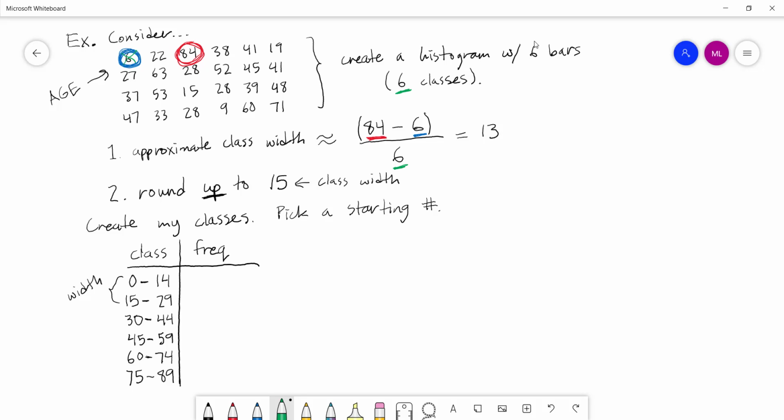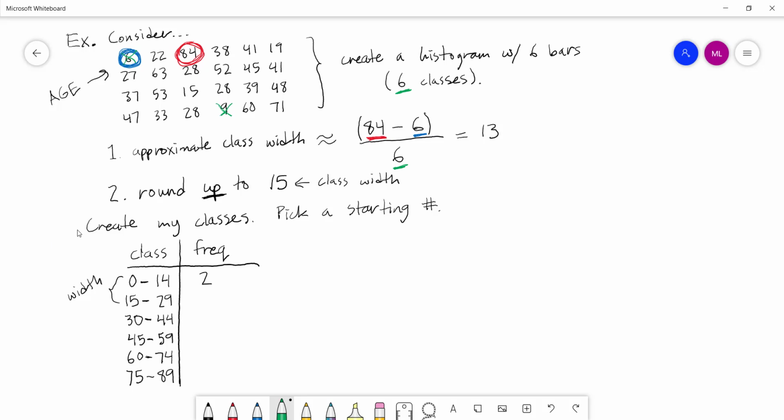So we've got the 6. The next number I see between 0 and 14 is the 9. Did I miss any? I think we got them. So that means there were 2 numbers between 0 and 14.